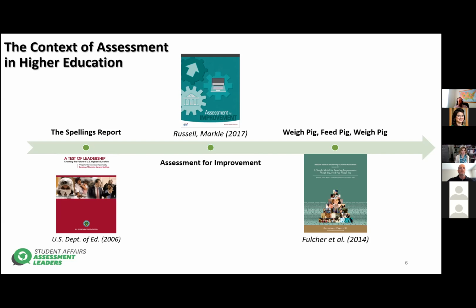We're using assessment for our own purposes to help us get better. My colleague Javaro Russell and I, when we were at ETS a couple years ago, wrote a report called Assessment for Improvement. I'll give you the citation; it's available. We talk about this transition.